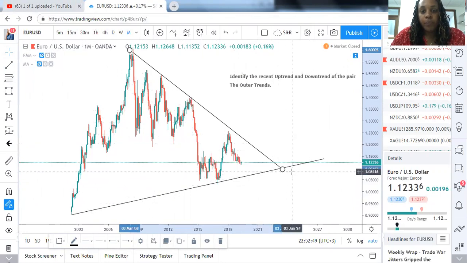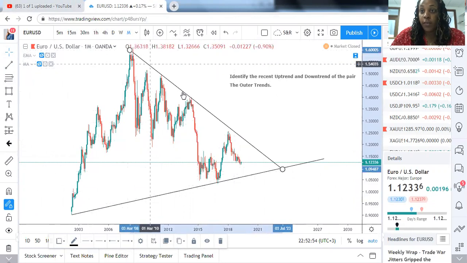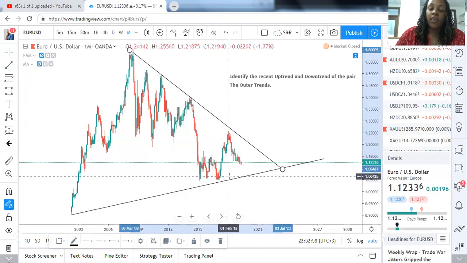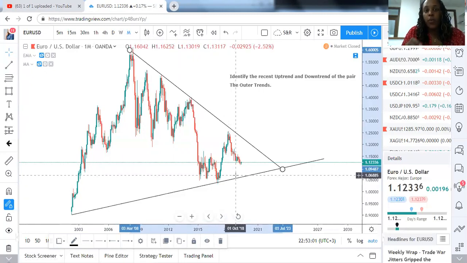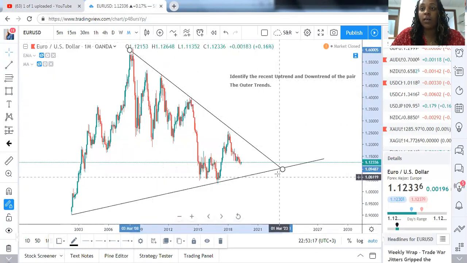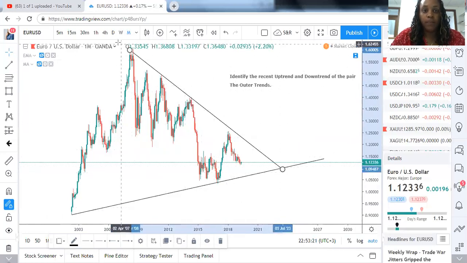Now, what we would do from here is we would note first of all that these are your outer trends. So when we start to actually scale into the pair now, we go into the weekly, daily, 4-hour time frame and so on, we are actually now identifying the inner trends, right? So we will be identifying the inner uptrends and the inner downtrends because we have identified on a grander scale the downtrends and uptrends already by boxing in price here, right?